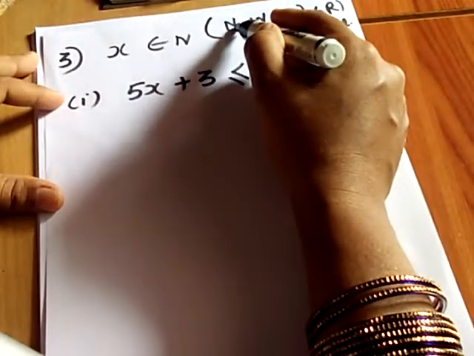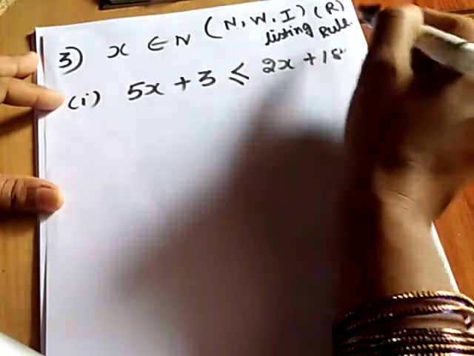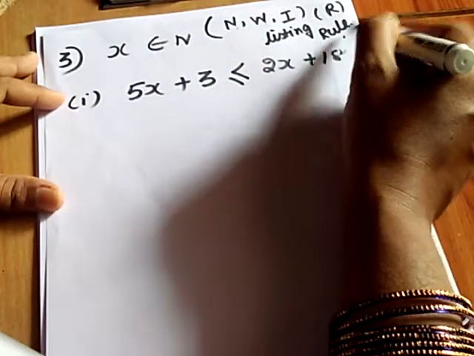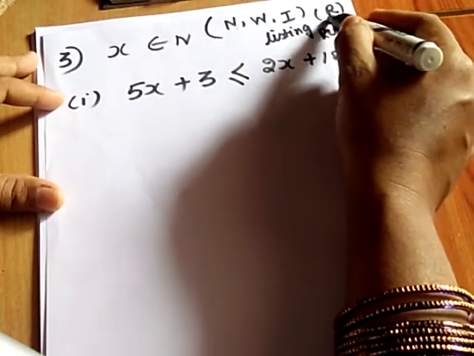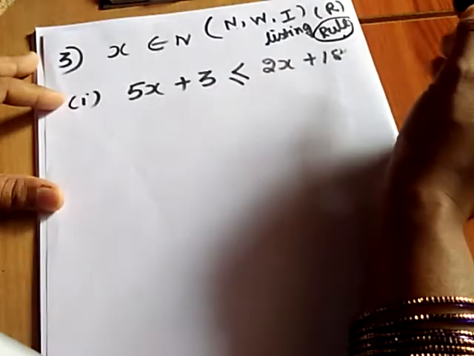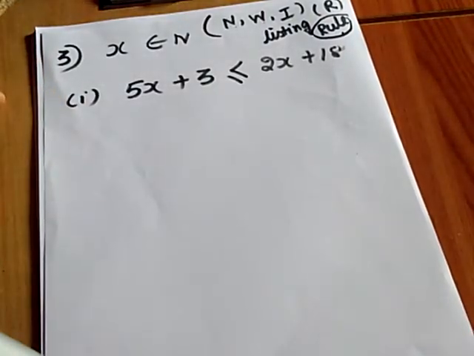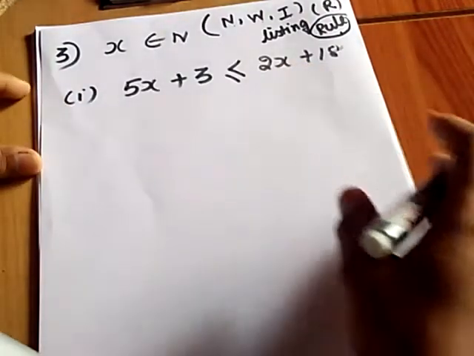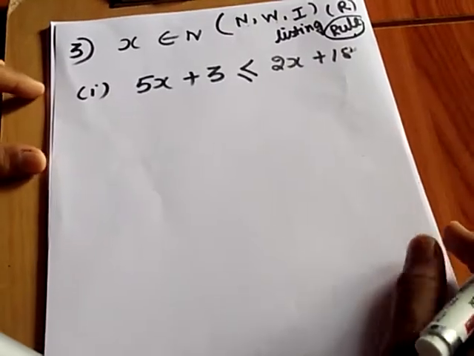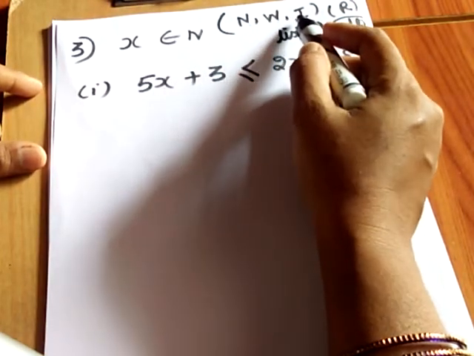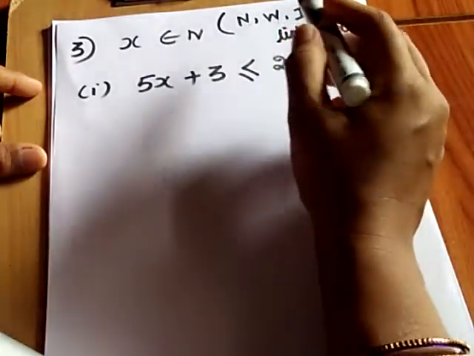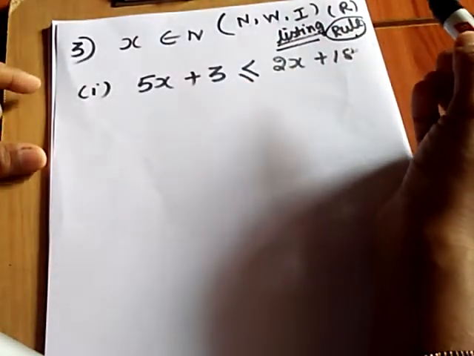Even natural numbers, whole numbers and integers can be written in rule method, but if it is a real number solution set, we choose only rule method. As listing method is preferred when x belongs to natural number, whole number or integer, we write the solution set by listing method.